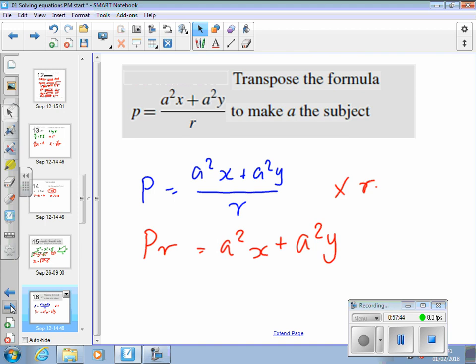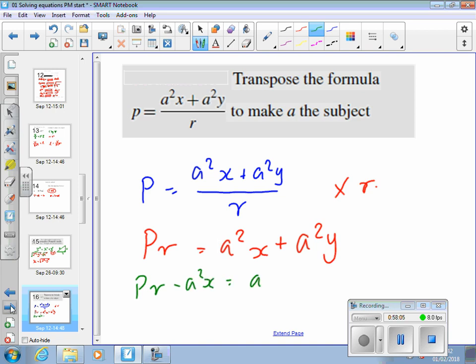So if I take a squared x away, you have Pr minus a squared x is equal to a squared y. You've still got two a's, and now they're on different sides of the equation.